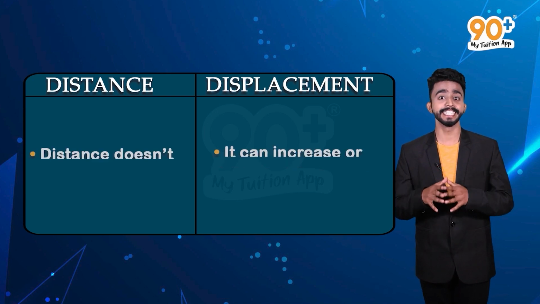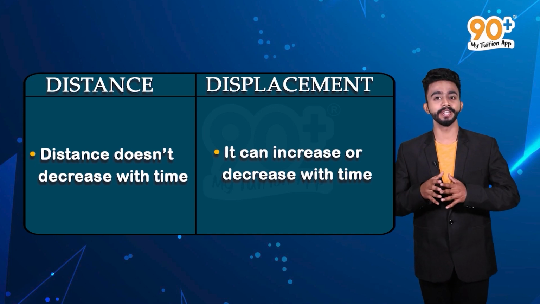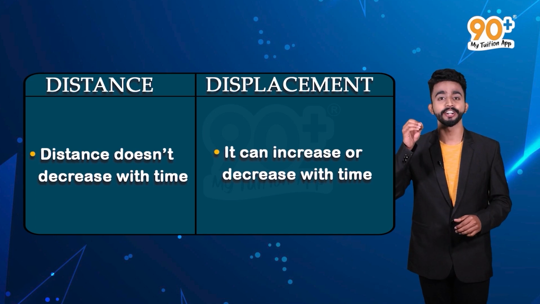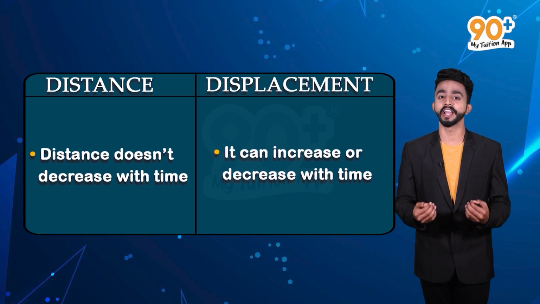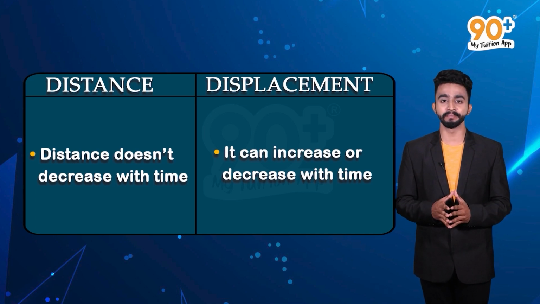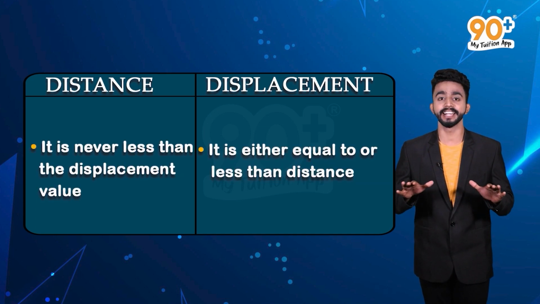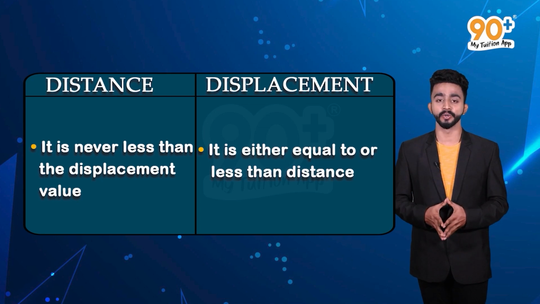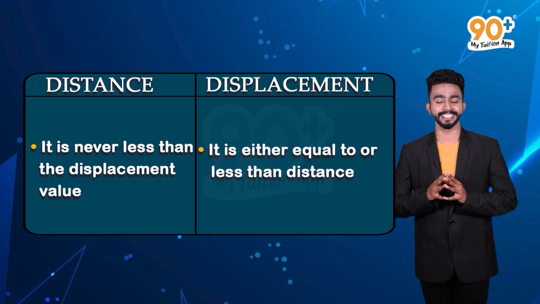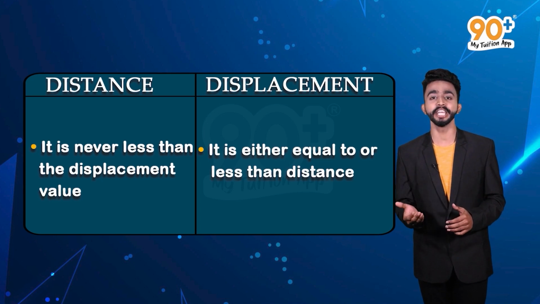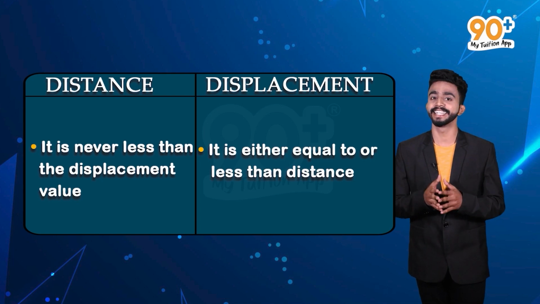Did you know distance doesn't decrease with time, whereas the displacement can increase or decrease with time? We have observed this in the example of Raju. You know what? Distance is never less than the displacement value. Then, will the displacement value be less than the distance? Yes, the displacement value is either equal to or less than the distance value.